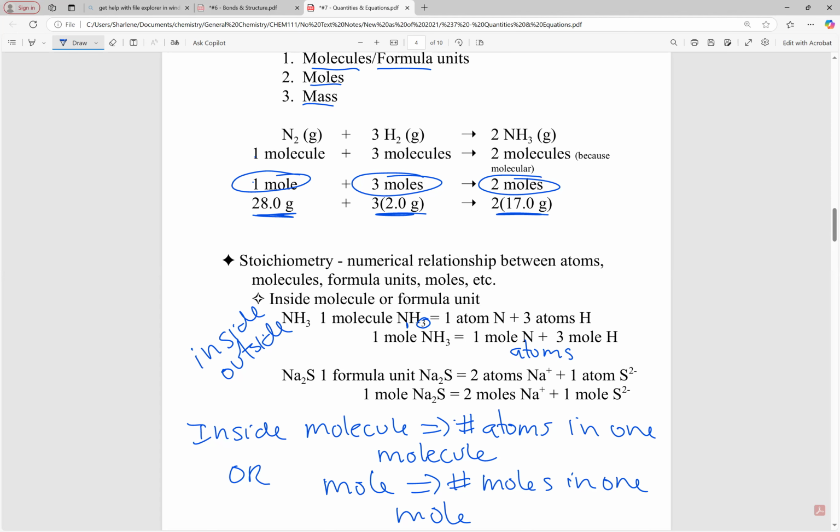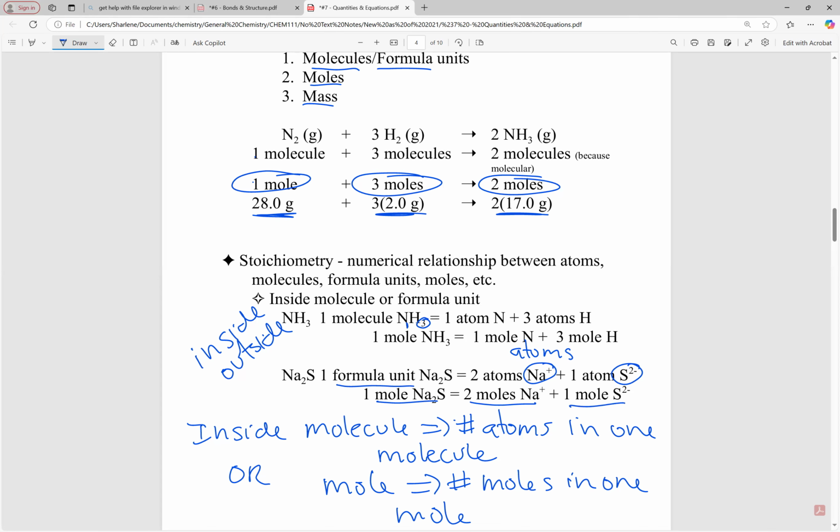Now, what is the difference between inside for a molecule and inside for an ionic compound? Remember, you don't call it a molecule, you call it a formula unit, but it's the same thing. 2 atoms of sodium ion versus 1 atom of sulfide, or 1 mole makes 2 moles of sodium ion and 1 mole of sulfide ion. All right, so that's pretty much the same. So inside tells you how many in each formula.